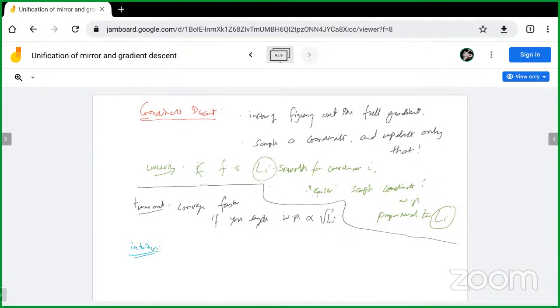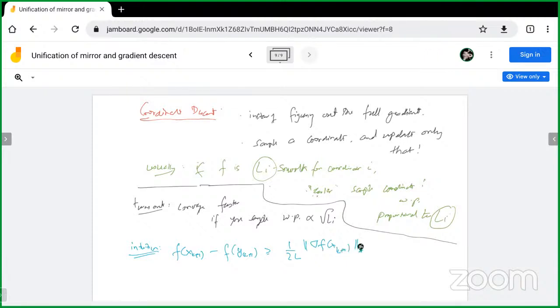Let's look at the equations. f(x_{k+1}) is at least 1 over 2L, right?